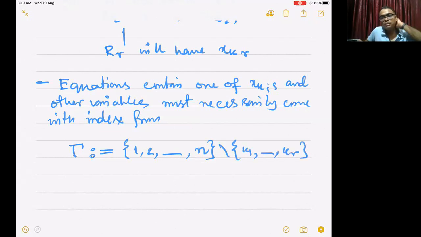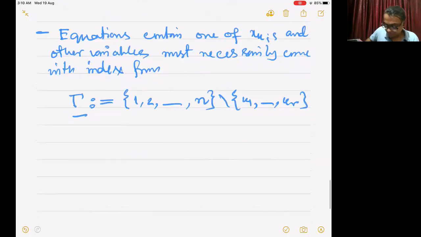In the first equation, x_k1 and things from gamma. In the second equation, x_k2 and things from gamma. And in the third equation, there will be x_k3 and indices from this gamma, like that.